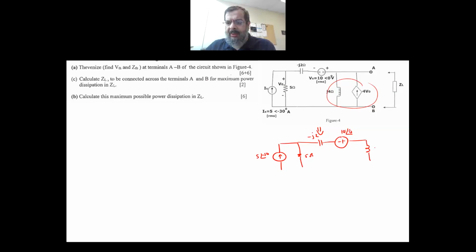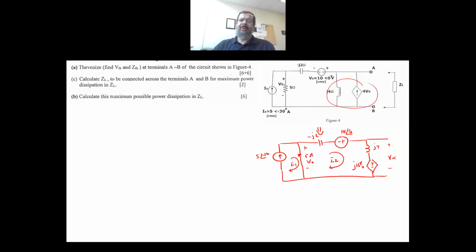So this is J4, and this would be a voltage supply, plus minus V open circuit. So this is a voltage supply equal to J16V0. So now we will have two loops. We'll have here I1, and here your I2, and here it is your V0.